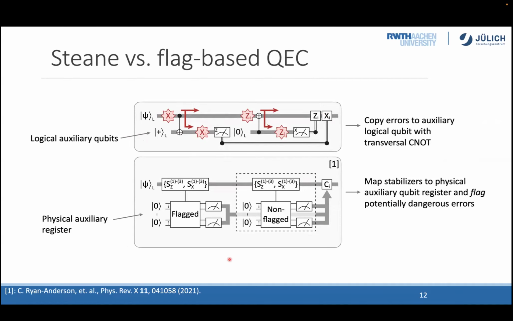And second, we also compared this to a state-of-the-art flag-based scheme, which is taken from this reference here. In this case, we use a physical auxiliary register and basically map the stabilizers from the data qubits to this auxiliary register, and in between flag potentially dangerous errors.